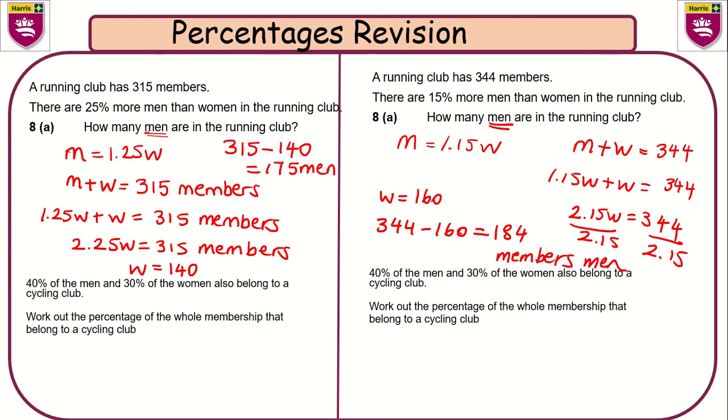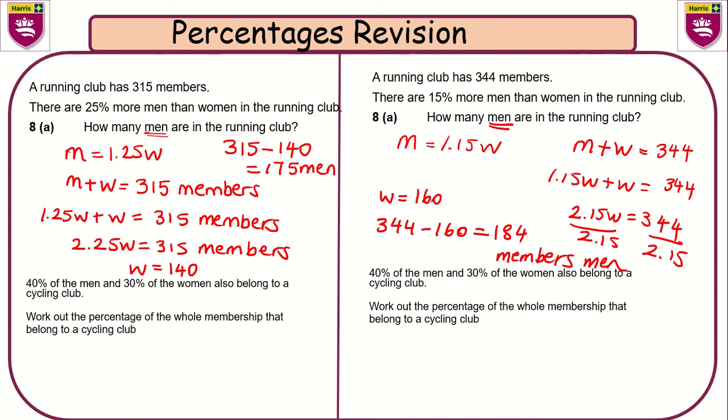Now, going back to my previous question where it says 40% of the men and 30% of the women also belong to a cycling club. Now that you know the amount of people and what gender it is, you can actually use that information to divide it into whatever percentage it is.